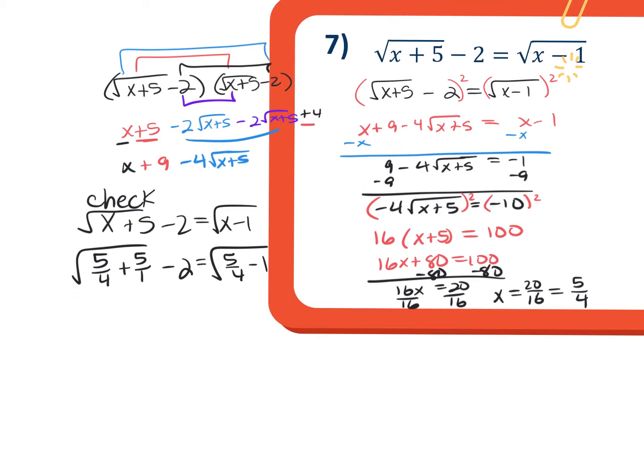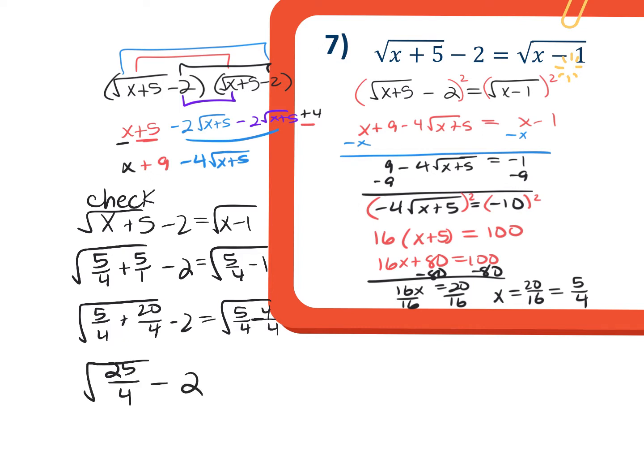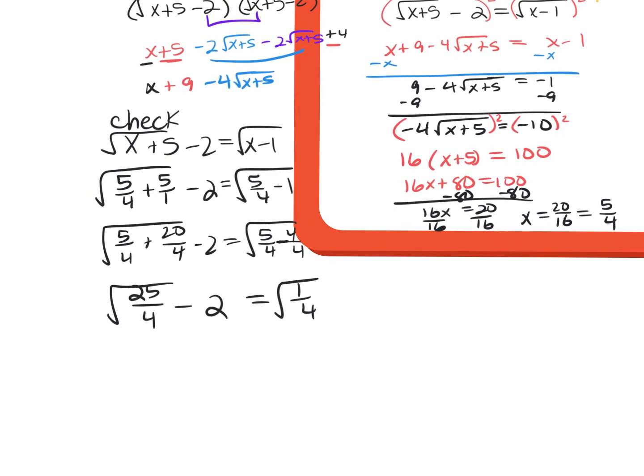I'm going to make the whole number 5. I'm going to change that into 20 over 4, so it has a common denominator. Same thing over here. I'm going to change that whole number 1 into 4 over 4. I'm subtracting there. So then I get the square root of 25 over 4 minus 2 equals the square root of 1 over 4. I can now square root.